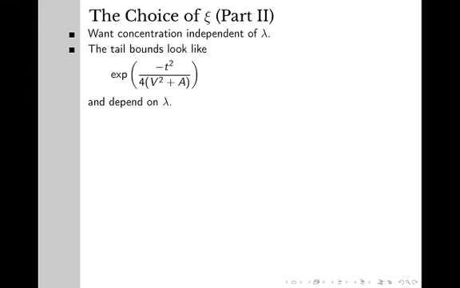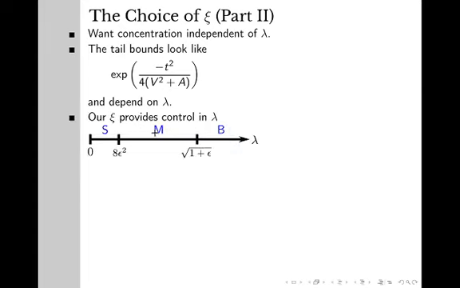We have shown that they can look like so, with t squared depending on mu lambda, v squared as an upper bound of either the second moment or the variance of xi, and a an auxiliary function that may also depend on lambda. We have chosen xi the way we have to make all these dependencies on lambda as explicit as possible, so that we can control this tail bound in each of the big, medium, and small regimes.